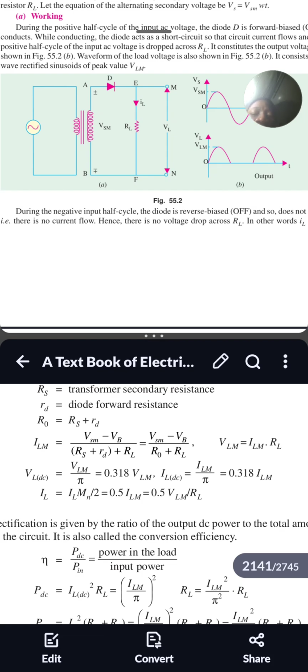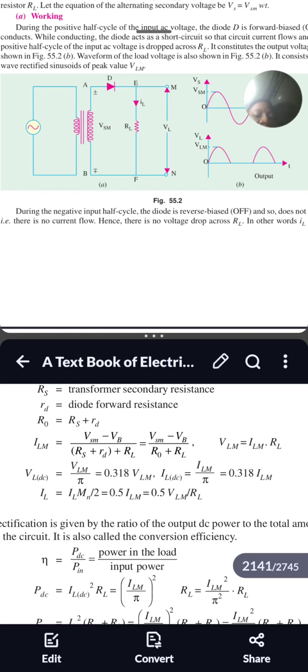So let's say ILM, which is the same as IM, equals VSM, which is the same as VM, over... Remember, when I told you that when you're calculating for IM, in center tap, in full bridge, in half wave, it is always this format.